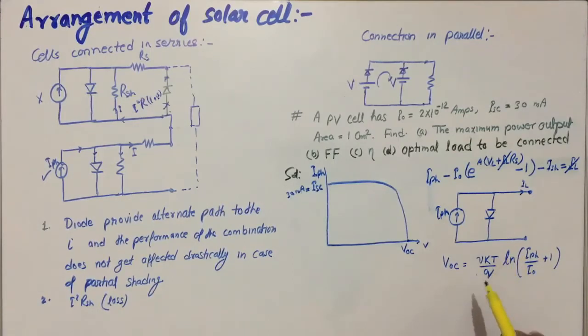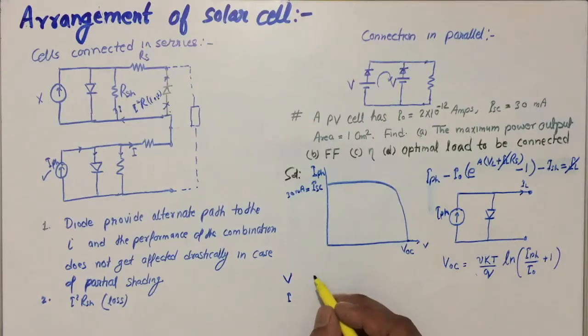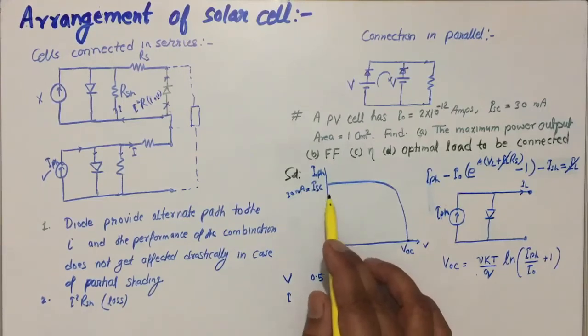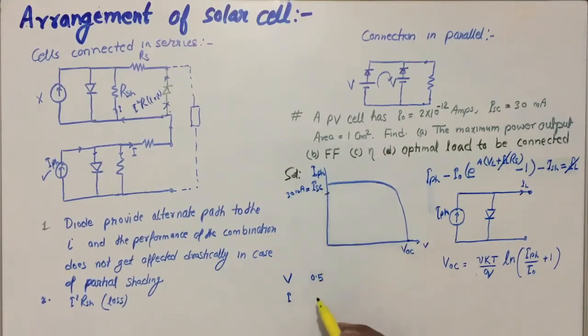So if we form a table in which we have V, I, then for different values of V we can find the corresponding I. If we have V equal to, start from any point, 0.5, then we can get I photon will be 29.6 milliampere.